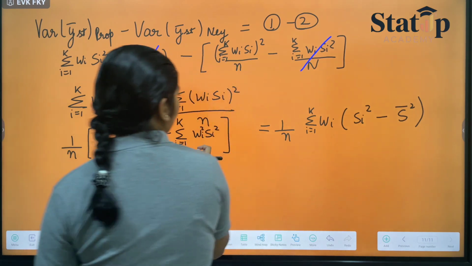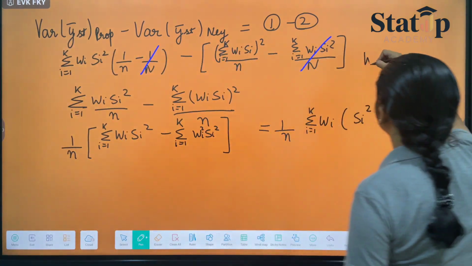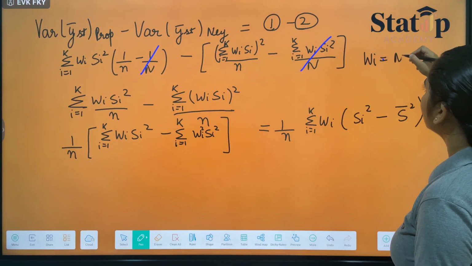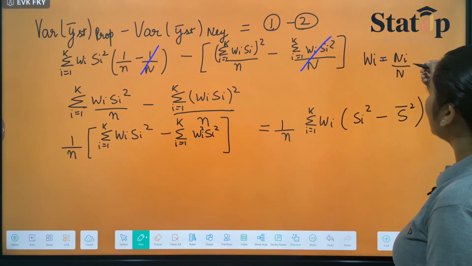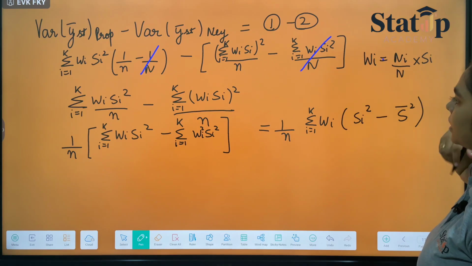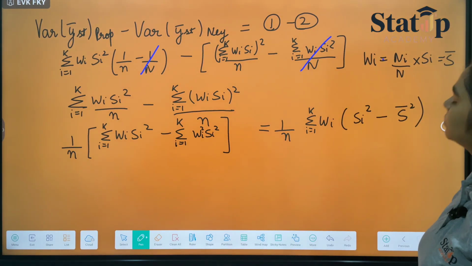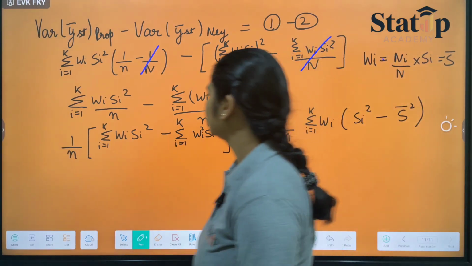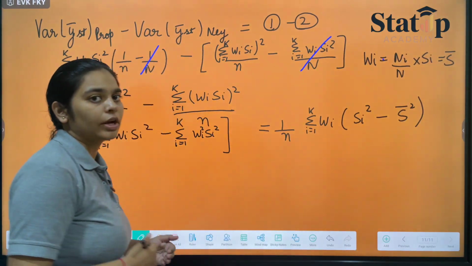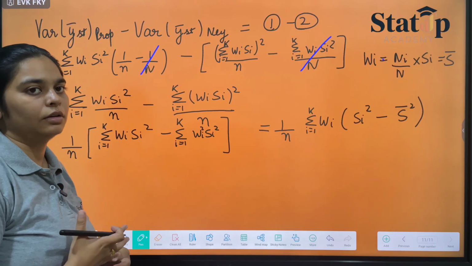Since one of the Wi is getting out, we are left with Wi, which is nothing but Ni upon capital N, and when Ni gets multiplied by Si, this is nothing but S bar. S bar means every stratum's variance mean.